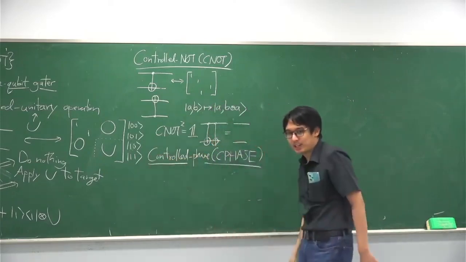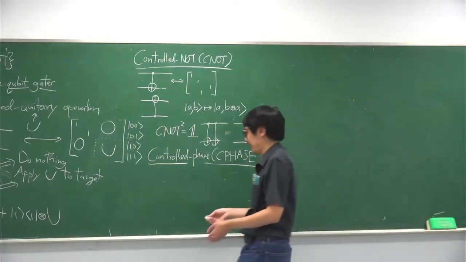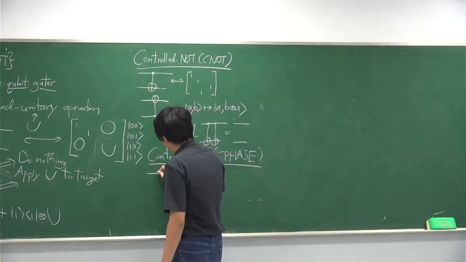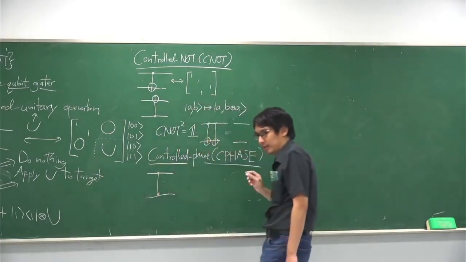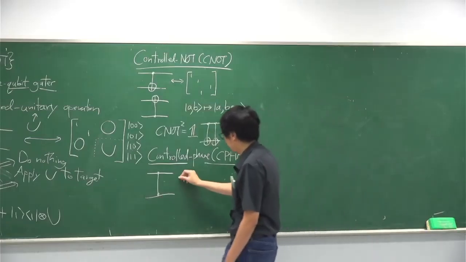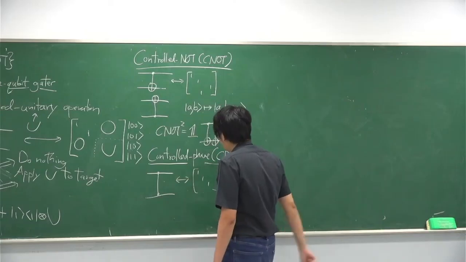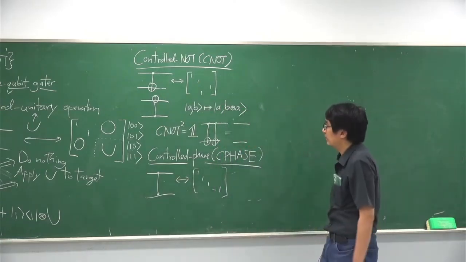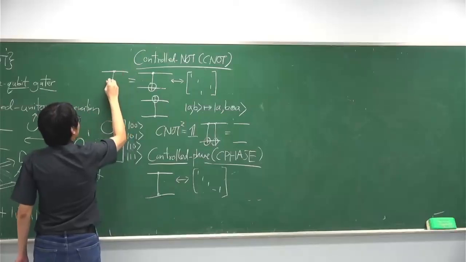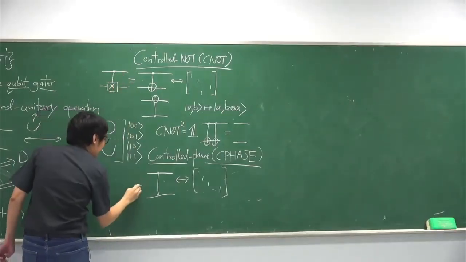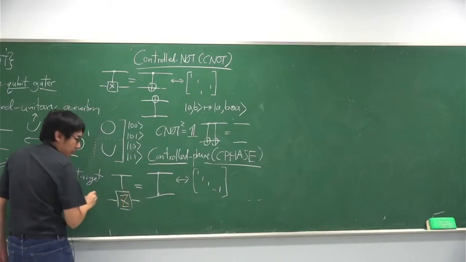The naming here is a bit inconsistent, because it's not a control phase gate but a control Z. And the notation is like this. Let me write this down first. For clarity, I can write this, but this is equivalent, it's just a notation for this control Z.